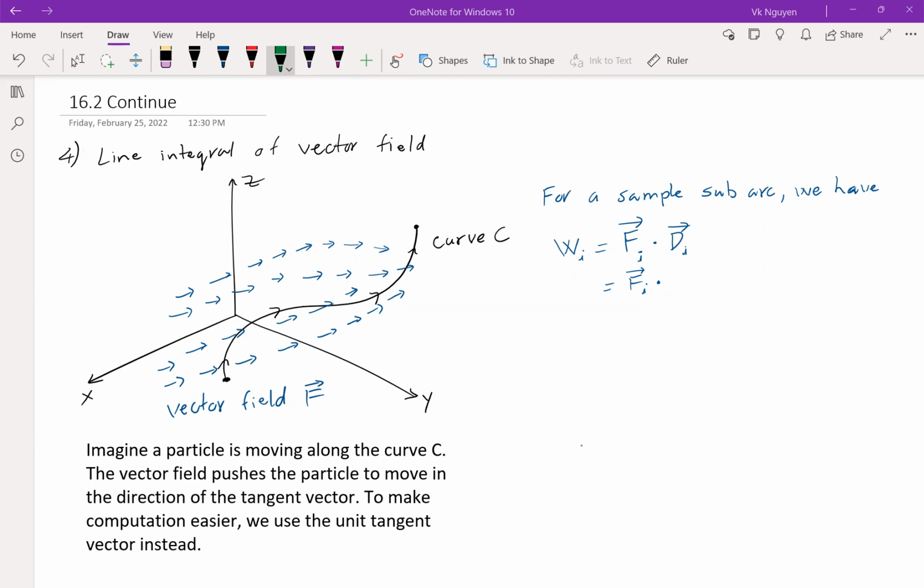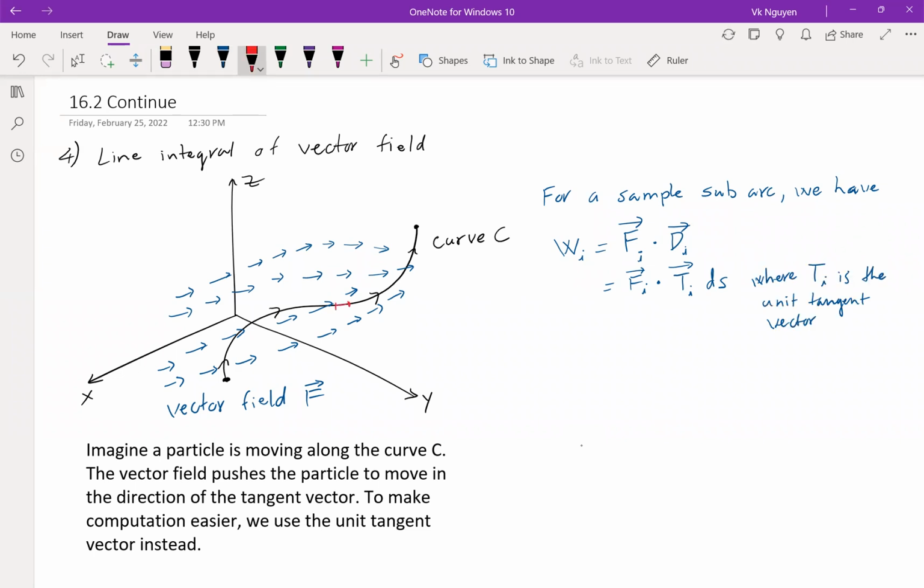Distance here is just the unit tangent vector, so Ti, and ds, where Ti is the unit tangent vector.